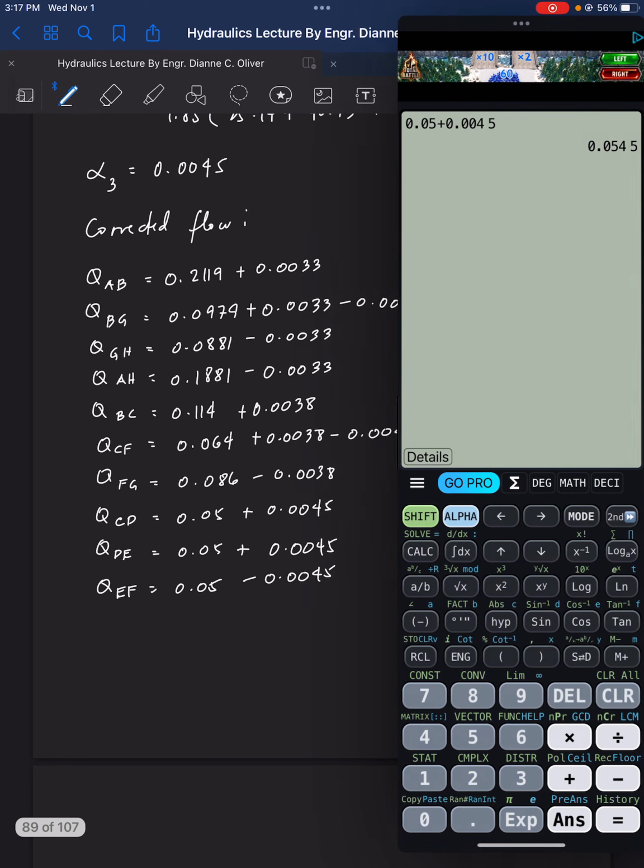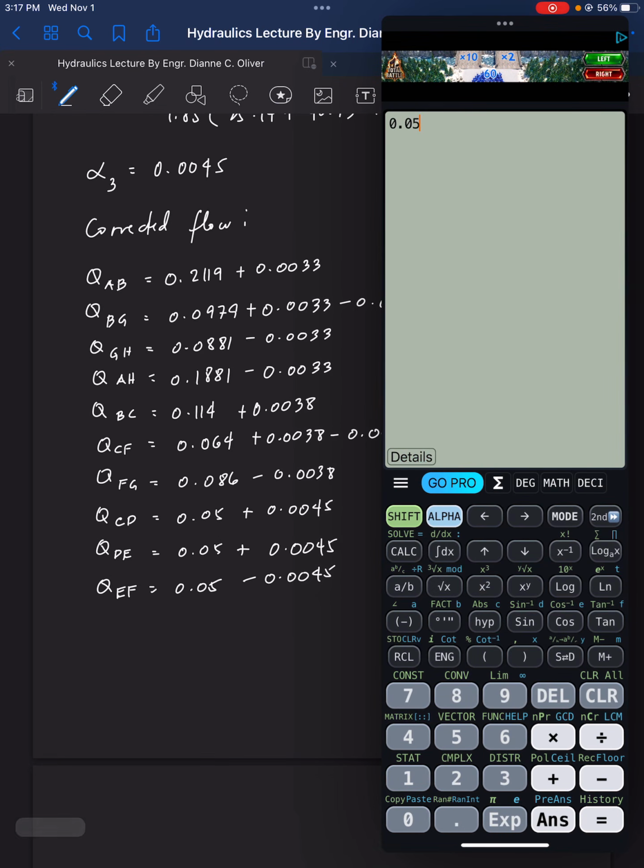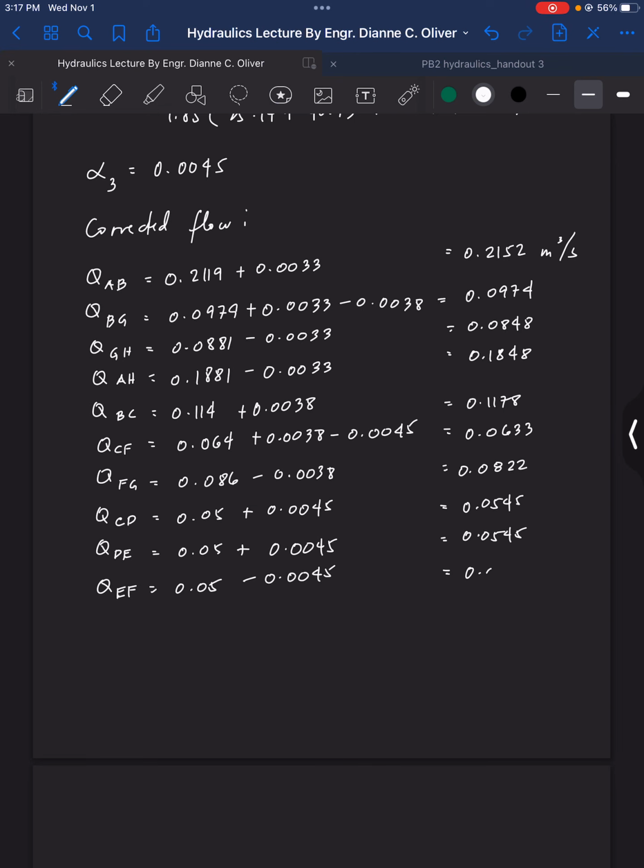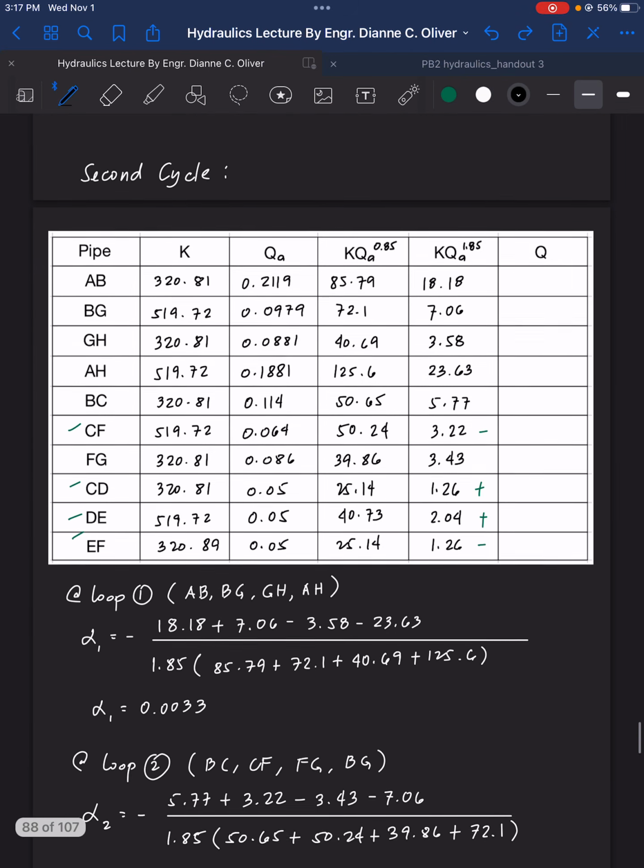Next, last, 0.05 minus 0.0045. So 0.0455. And all these values is what we're going to put into our table as the true value Q.